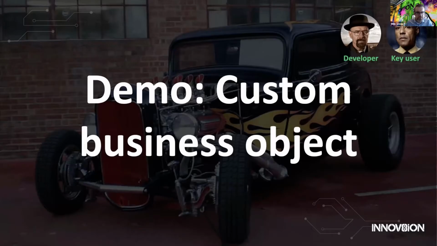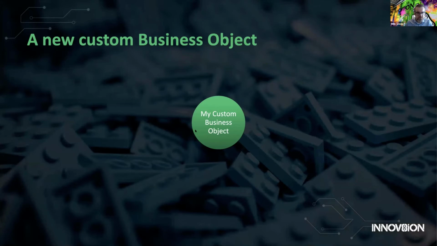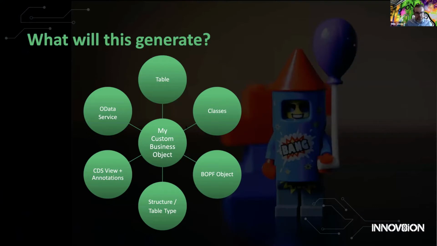So we prepared a demo for a custom business object for you to enjoy. But what will this do, right? If we make a new custom business object, what it does is it really creates tables, classes, the OData service. It creates the CDS view, the annotations. It creates a structure, the table type, and including the table, the real persistence is there based on BOPF as a BOPF object.